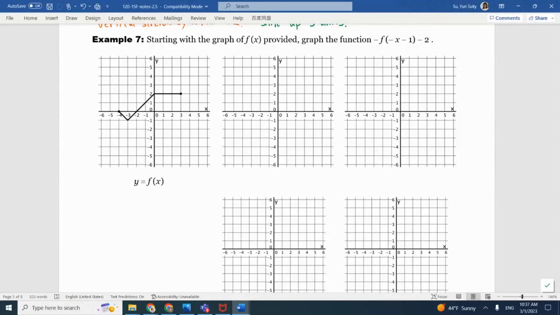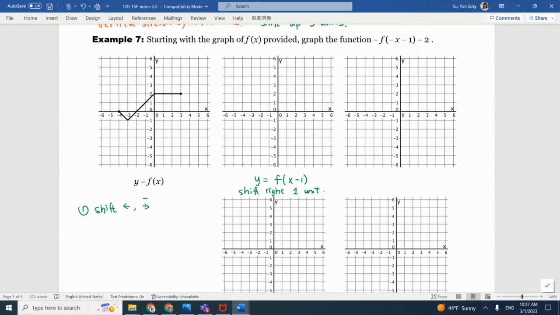Okay, let's not draw the graph first. Let's figure out all the transformations. So the first step, we shift left or right. And this is right because it's minus. Okay, so we shift right 1 unit.